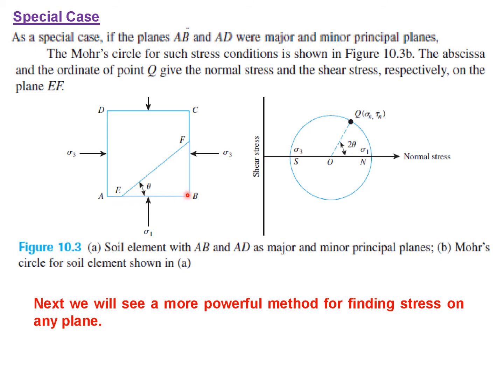So what to do? Making this point O as reference, just measure the angle of 2 theta. Look at this angle, this is theta. So just considering the 2 theta angle, draw the line from the center to this. In this way you will get this point Q, and that point Q will give you the normal and the shear stress on this particular plane here.